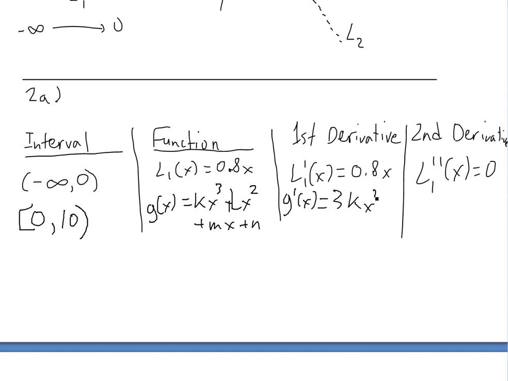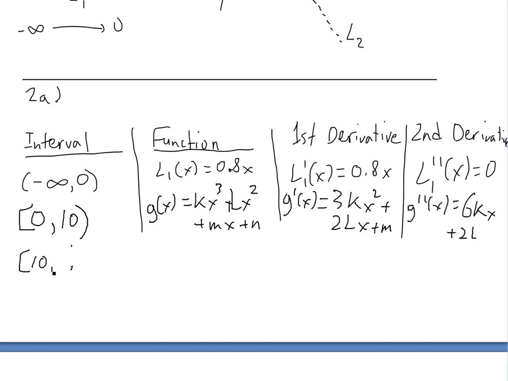This would be 3kx squared plus 2lx, then plus m. And then the second derivative is going to be g double prime of x equals 6kx plus 2l. It's a bit messy here, but I'll fix this up in a bit.